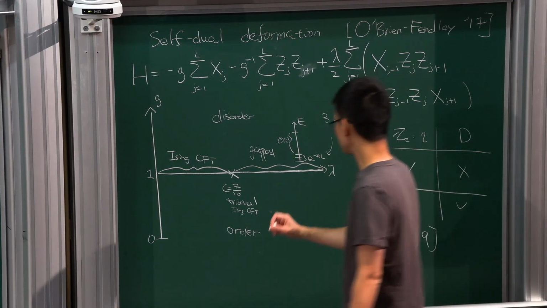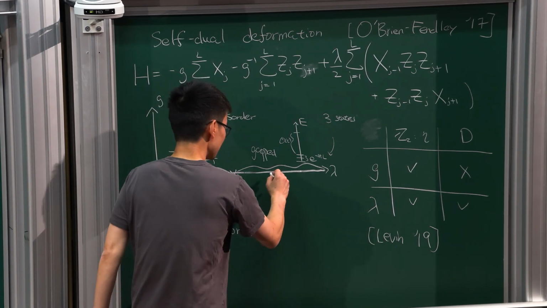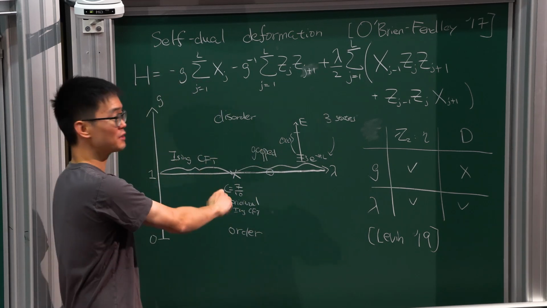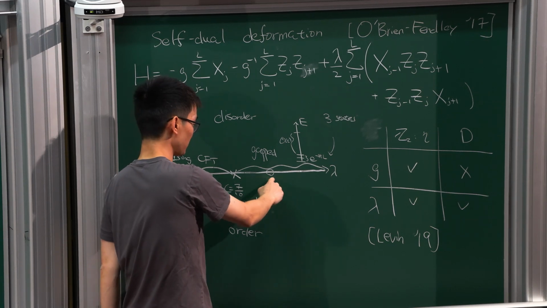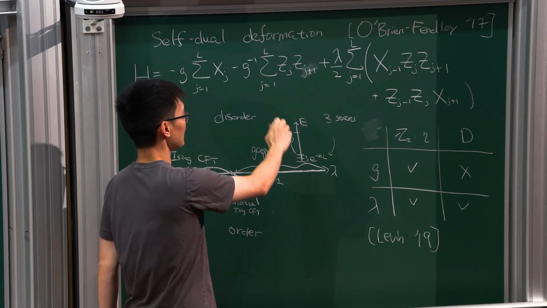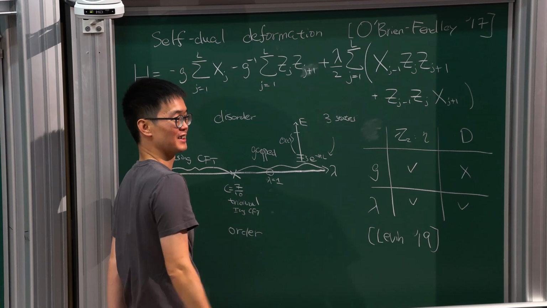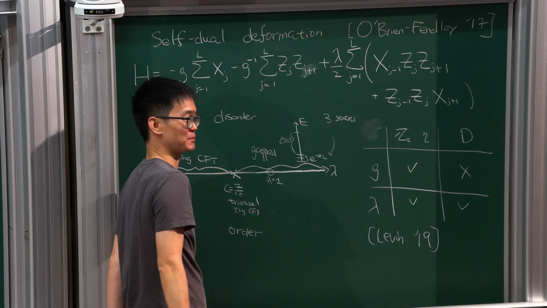Let me also say something, since I have to keep track of the time. There's a point here. There's no phase transition there. It's deep in the gapped phase. But at this point, I think it's lambda equals 1, the ground states of these models are exactly solvable. And I left it as an exercise in the problems.